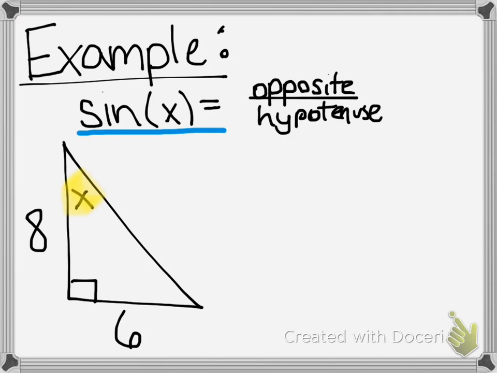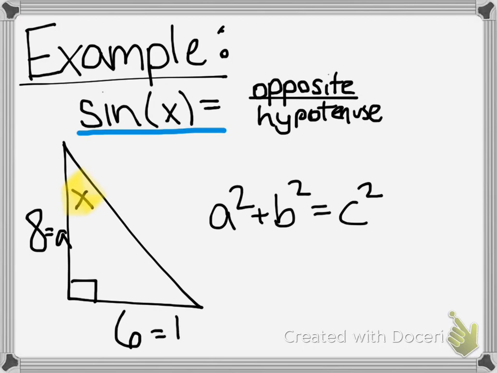To find that, we're able to use Pythagorean theorem because we have a right triangle and we have 2 of the other lengths of the triangle. So using Pythagorean theorem, we know that A squared plus B squared equals C squared. And our A in this case would be 8, B would be 6, and C is that unknown hypotenuse.